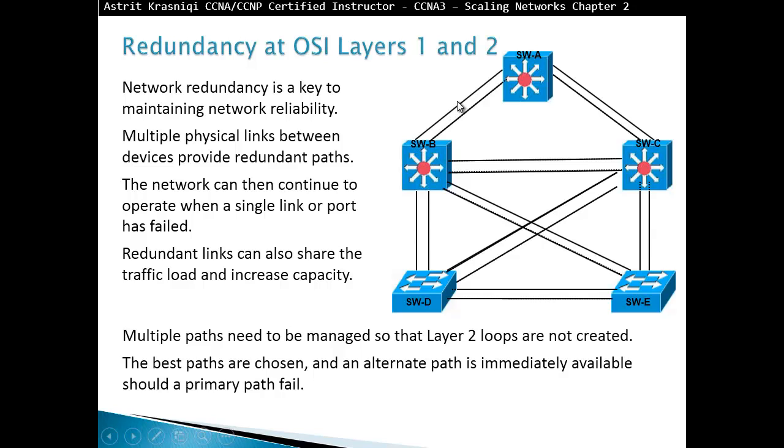So this link, we're going to switch from switch B to switch A, or A to B. The top one is the best path. This will be shut down. It will be set to blocking mode. So if we lose the primary path, the backup path will immediately be available for us. So the Spanning Tree Protocol is used to manage layer 2 redundancy.